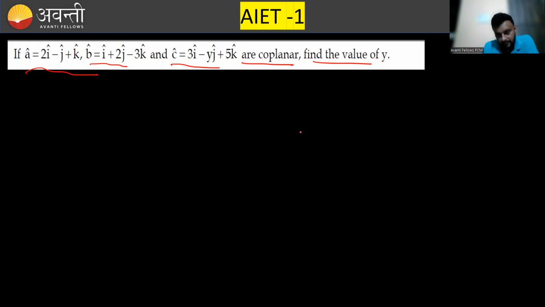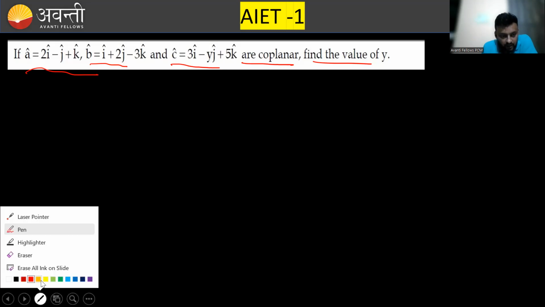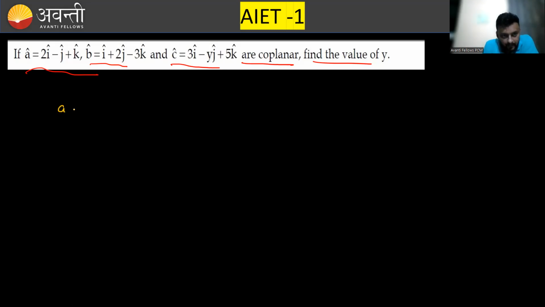Okay, listen to me very carefully. What you know is that if three vectors are coplanar, like A, B, C, if I solve the cross product of A and B, this is a question based on previous concept.